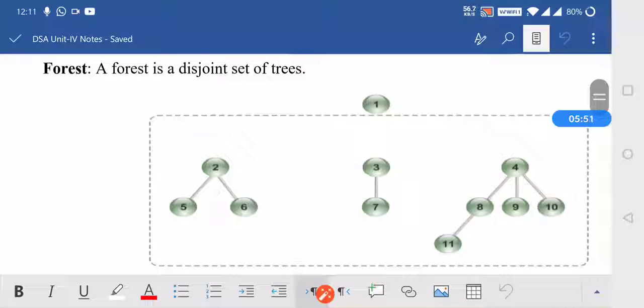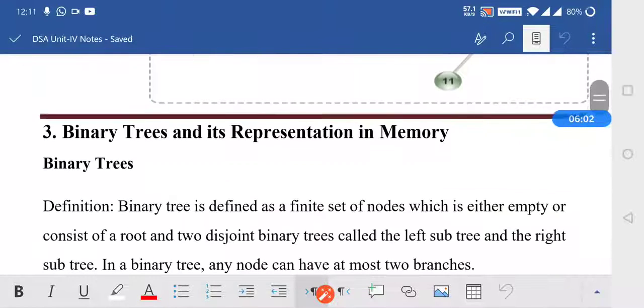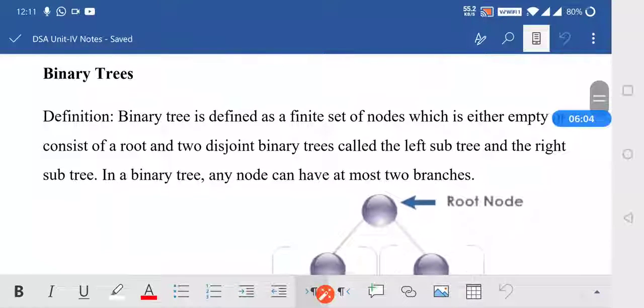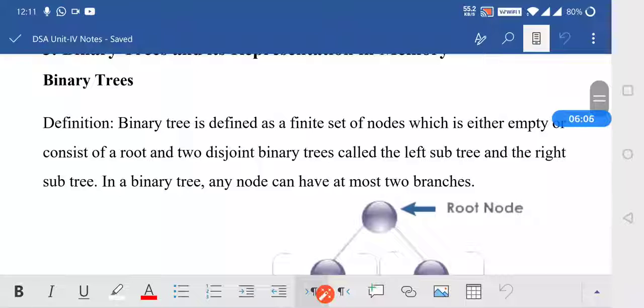Forest is nothing but a disjoint set of trees. It's not necessary that the trees should be connected to each other. That is the combination of subtrees where the disjoint set of trees are present. So next concept is binary tree. This was all about the normal tree.